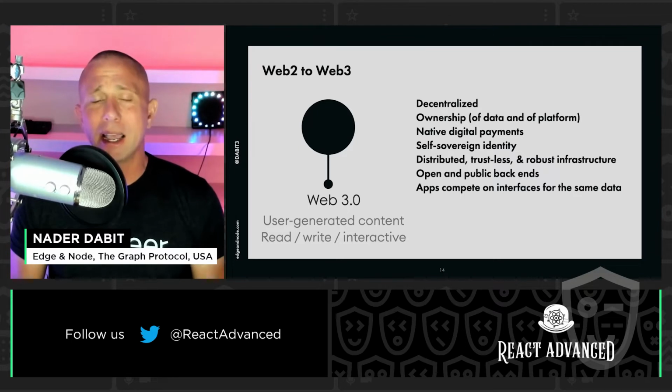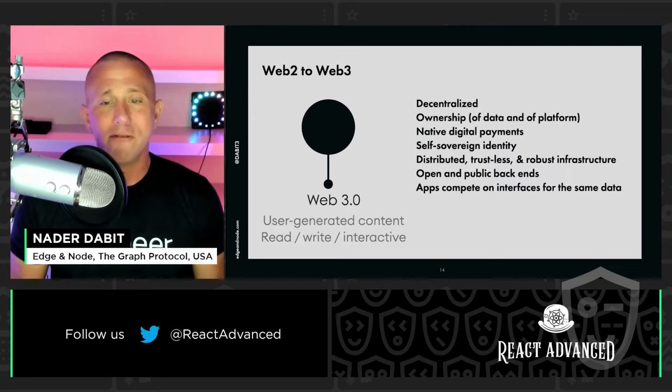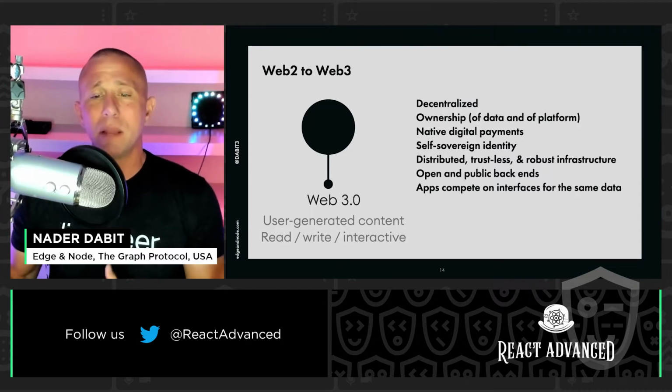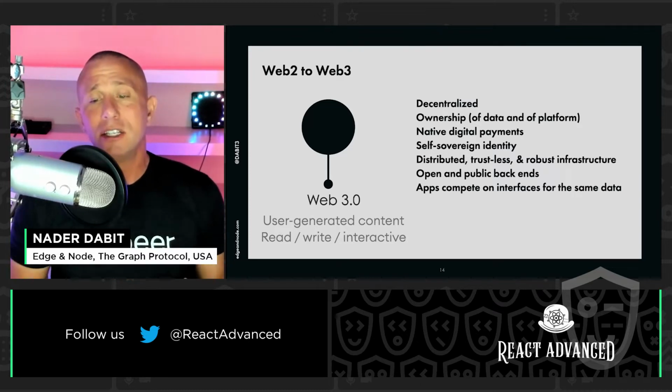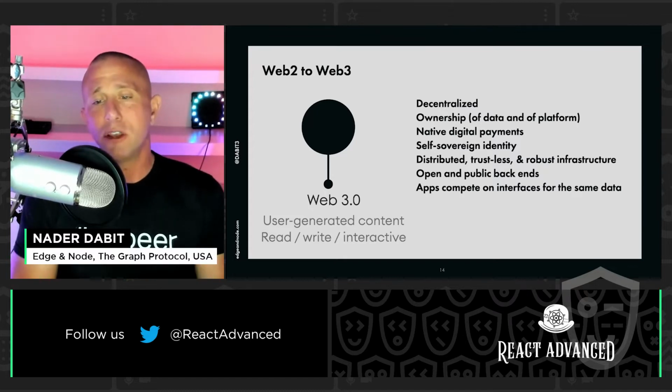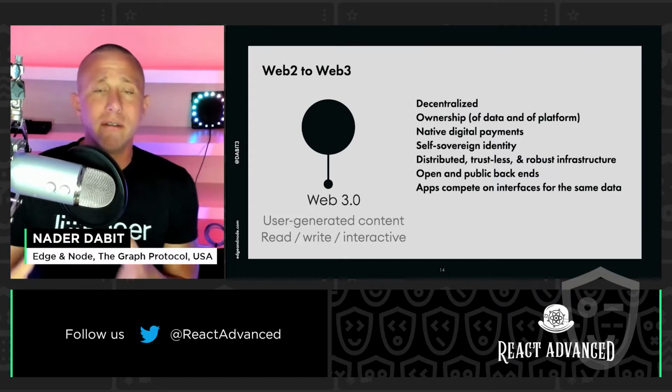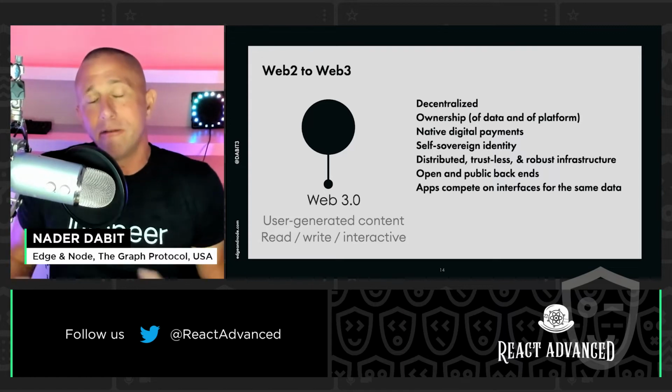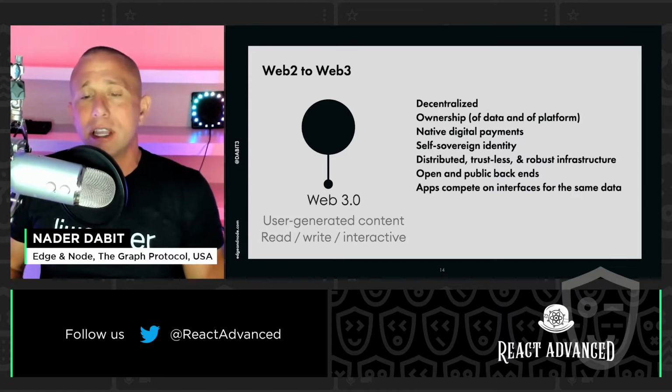Open and public backends is a really interesting piece to this that I'm really fascinated by, where people are basically building out different front ends to compete against each other on public backend data. So with YouTube, you create a video. YouTube owns your platform, your video, your followers, everything.